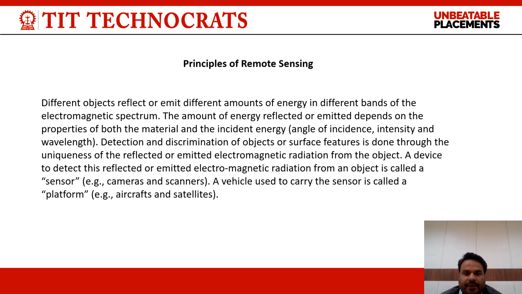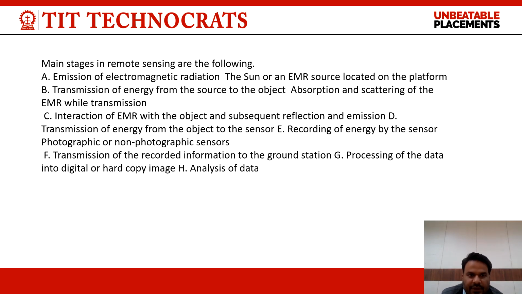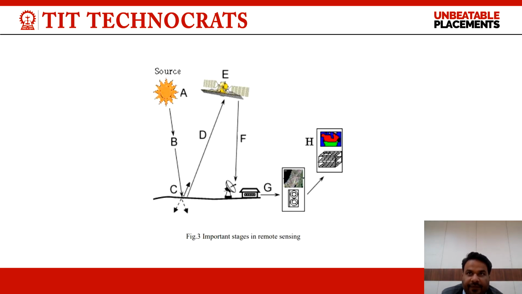Detection and discrimination of objects or surface features is done through the variation in the reflected or emitted electromagnetic radiation from the object. A device to detect this reflected or emitted electromagnetic radiation from an object is called a sensor, and the vehicle used to carry the sensor is called a platform. This is an example of the different main stages in remote sensing.